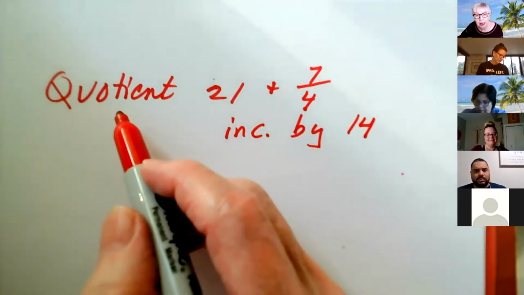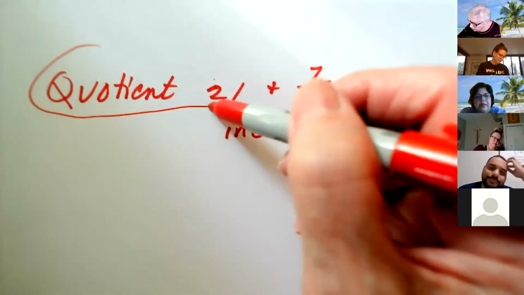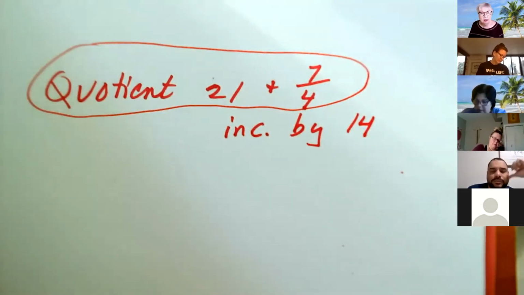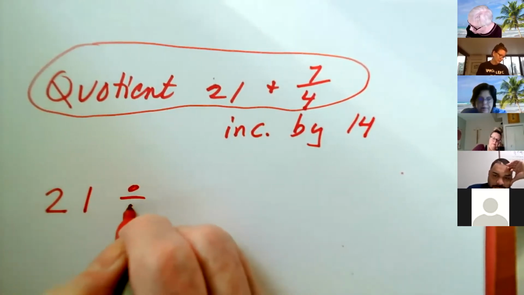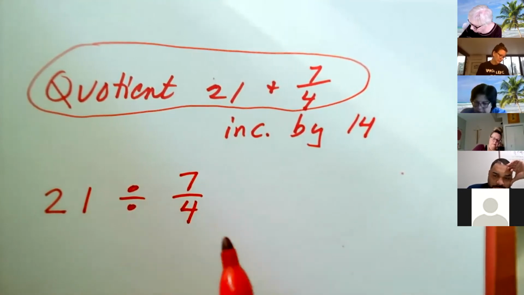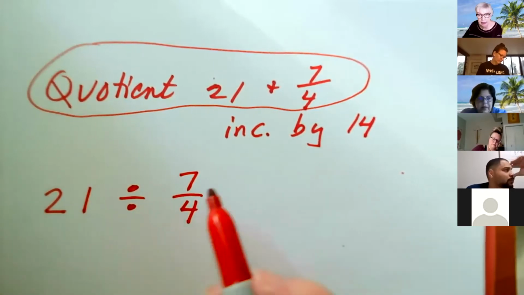So this one here, the quotient of 21 and this. So this is basically saying we're going to do division. And so this is 21 divided by 7/4. And this, of course, is division of a fraction. We're going to have to do something with it, but that's okay.